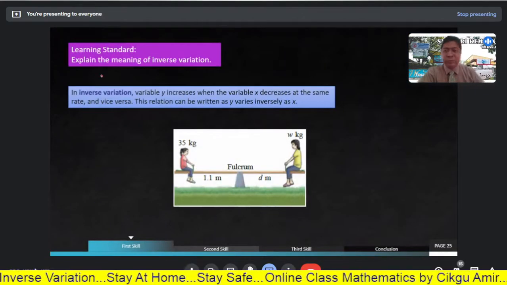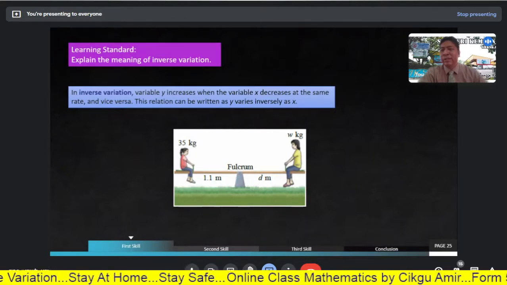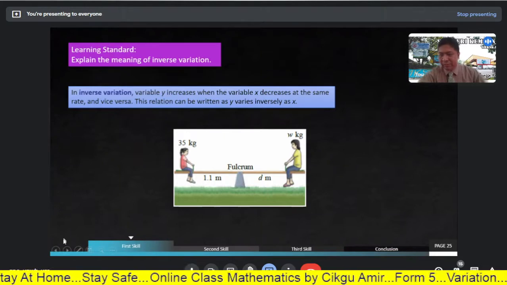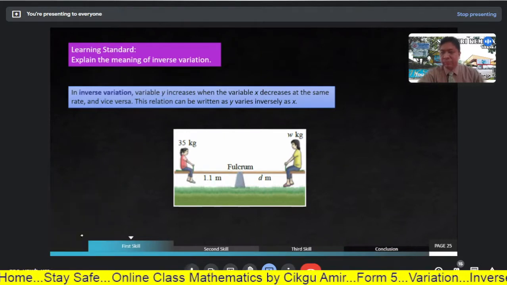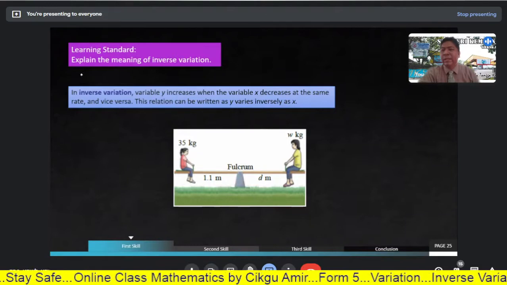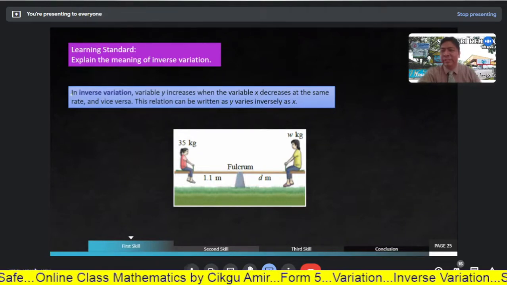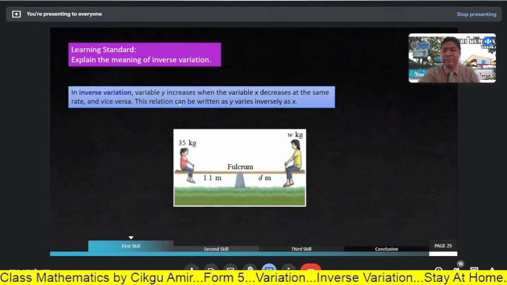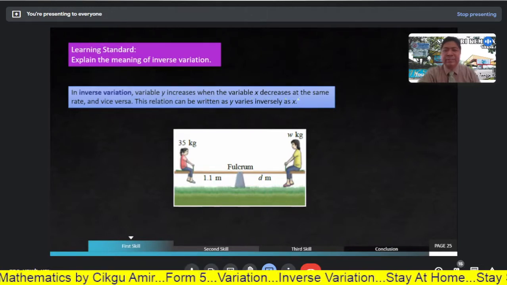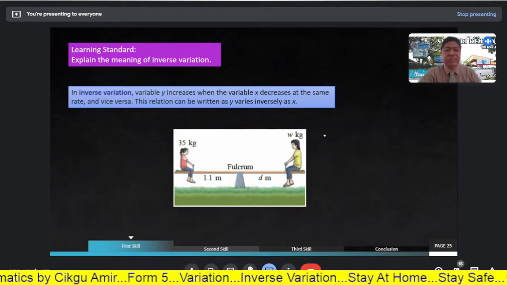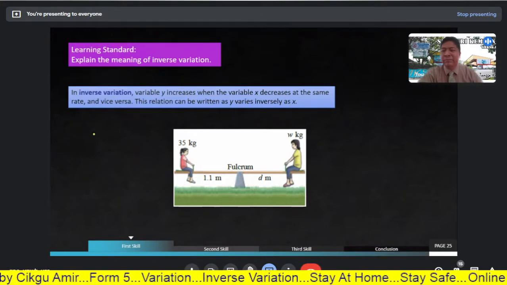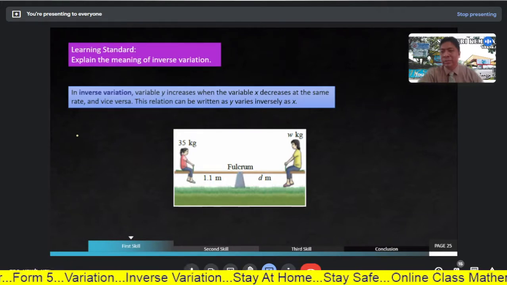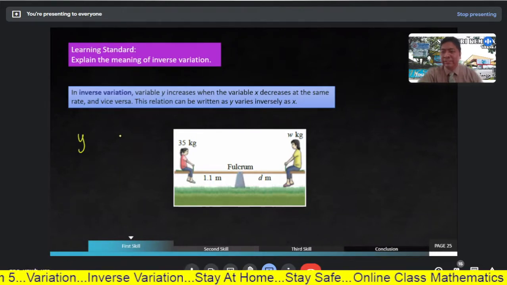First one, we look at the meaning of inverse variation. What is inverse variation? In inverse variation, variable y increases when variable x decreases at the same rate. So we have two variables here, y and x.